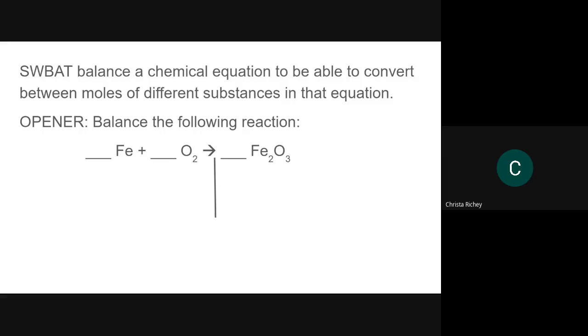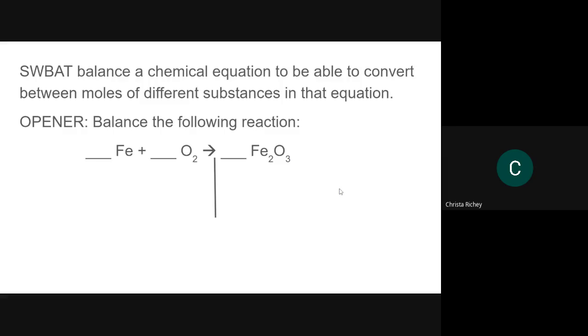This is the oxidation of iron to make what we commonly call rust. Iron 3 oxide.